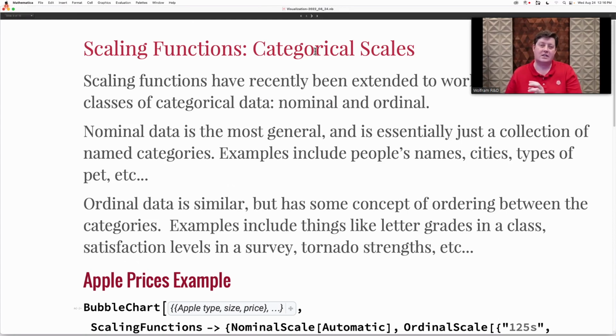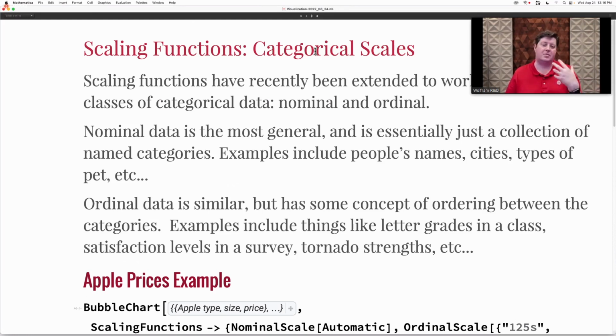And there's really not a lot of difference between them in many ways. The difference between nominal scale and ordinal scale is nominal scale is just a collection of things. You can't say anything about it.